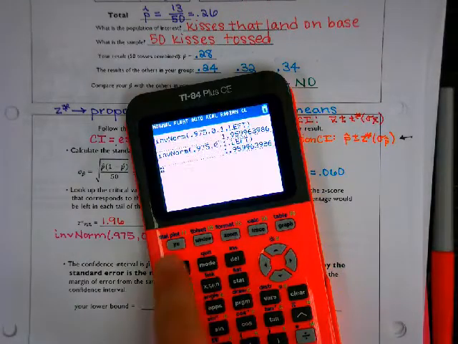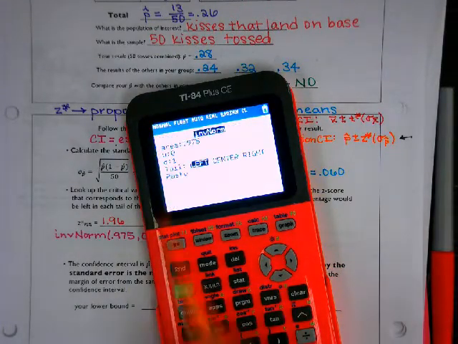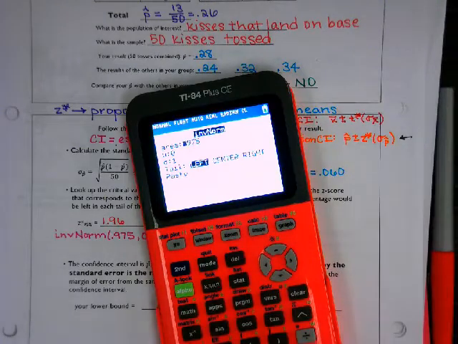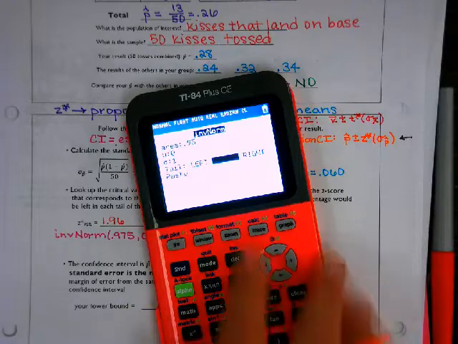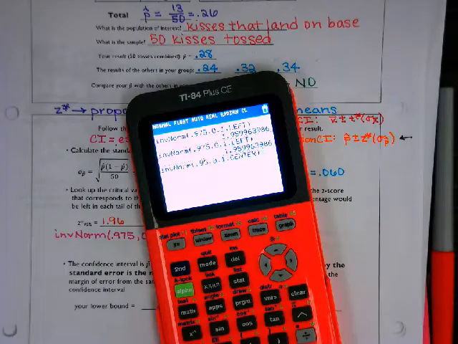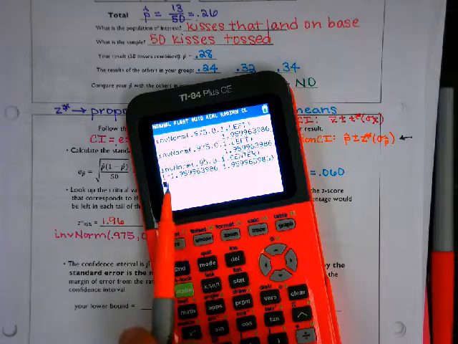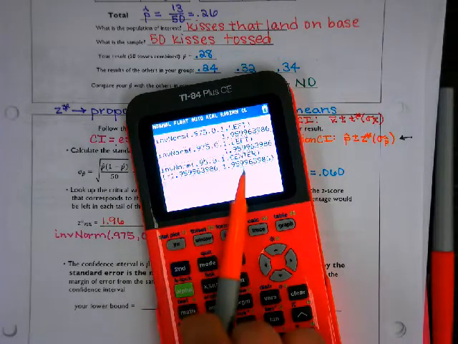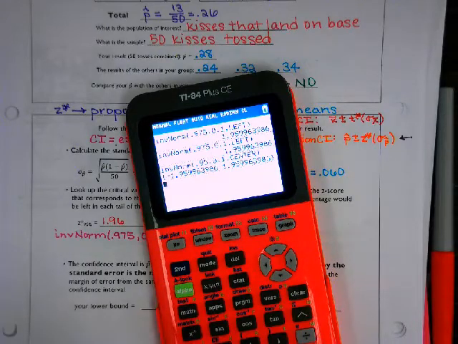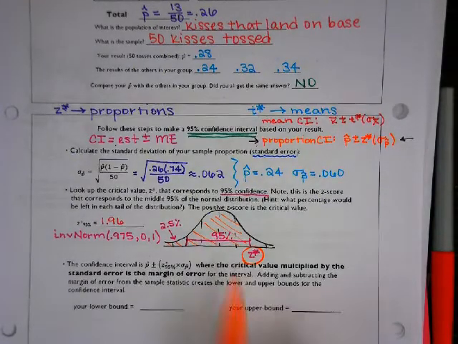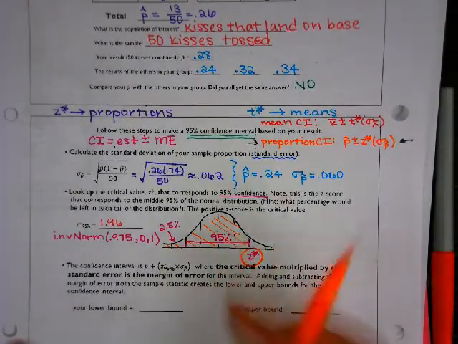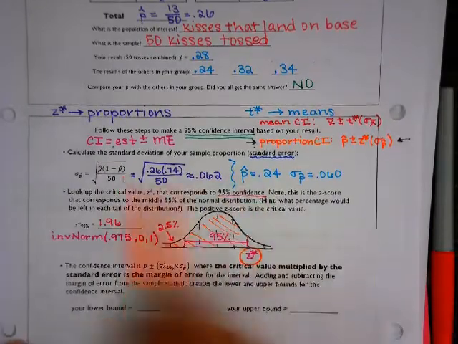So I could say 0.95 and tell it that I'm looking at the center, and it's going to give me the lower z-score and the upper z-score for the 95%. But most calculators aren't written that way, so you just need to remember to add the extra tail to the left, because this z-score is the z-score for all of the curve to the left. So you just have to add the tail in. It's just how inverse norm works.